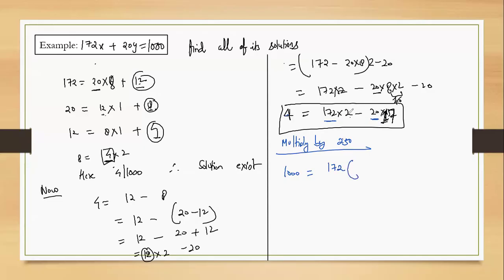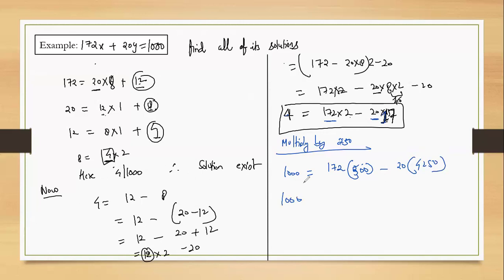Basically when 250 is multiplied with 2, it will become 500 and 20 will not be touched. 17 multiplied by 250 is 4250.